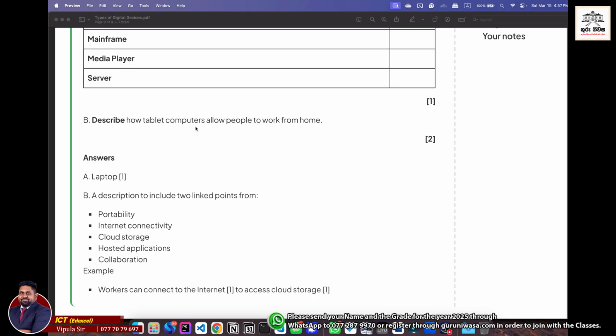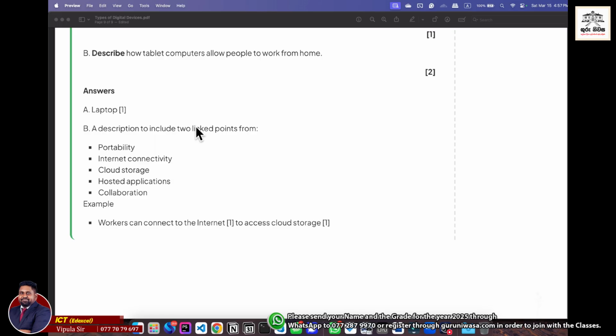Now in this case, it's asking how tablet computers allow people to work from home. So technically it's asking about the portability and the ease of use of that device, right? Primarily, since it's a tablet computer, the primary factor is portability. You can take it any place you want and you can work from any location.